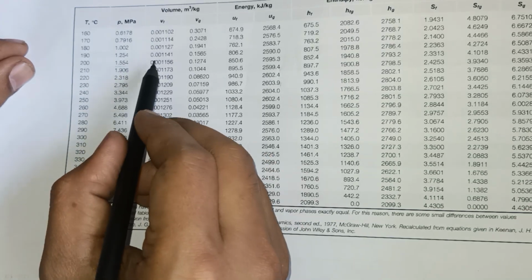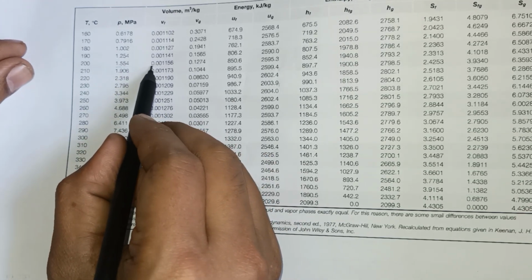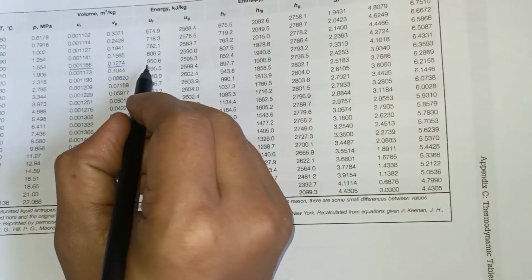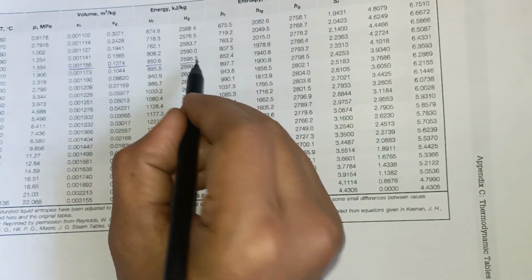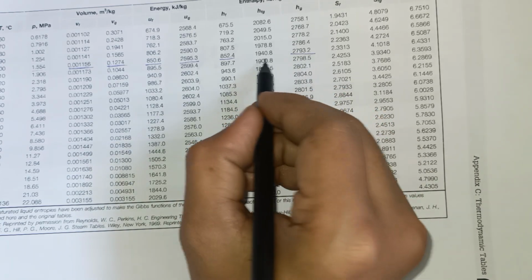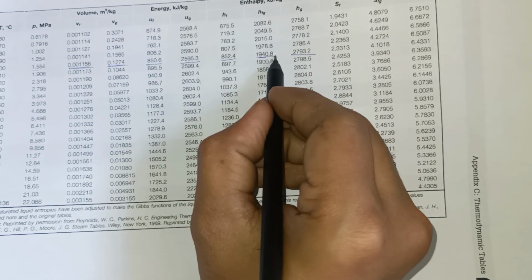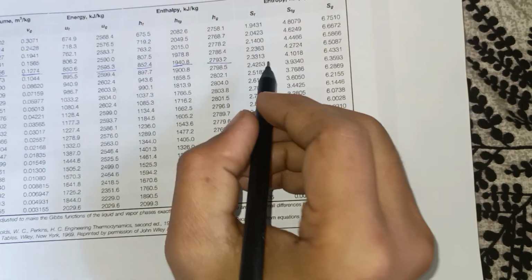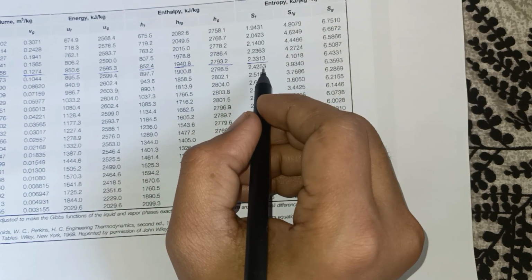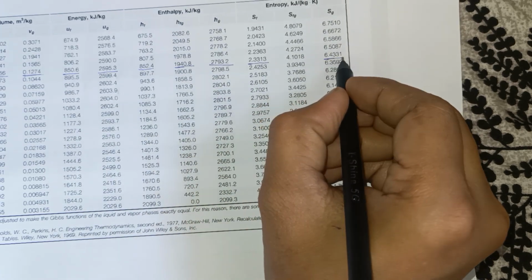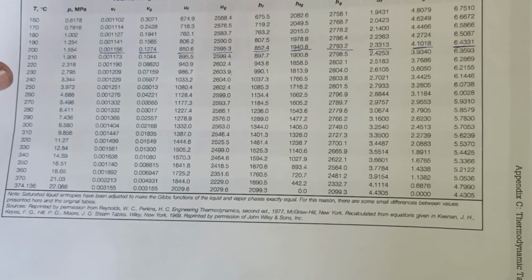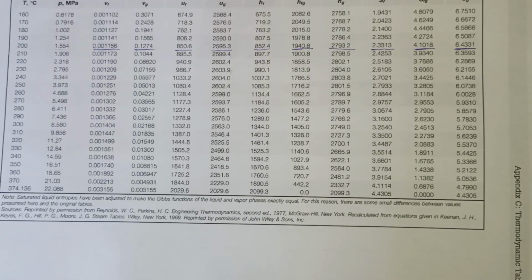And you can get the Vf, Vg, Uf, Ug, Hf, Hg minus Hf that is Hfg, and here Sf, specific entropy of fluid, specific entropy of gas, and you can get these values also. So in this way you can use the steam table.